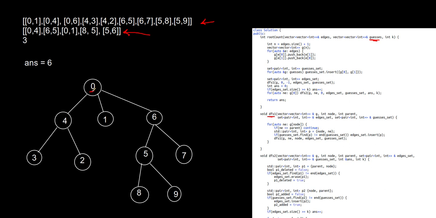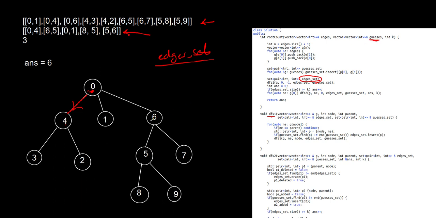So start from node 0. Let's say we visit 4. So now we have 0, 4, and we push it to the edges set. The edges set is the set that contains all the valid edges that exist in the guesses vector.